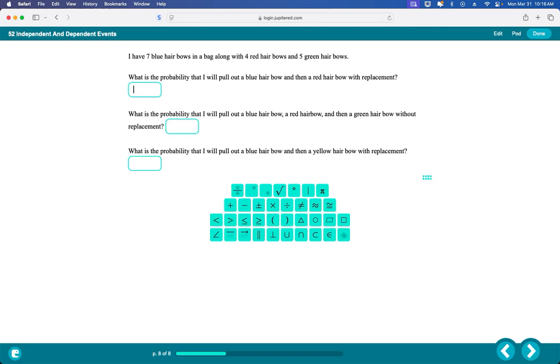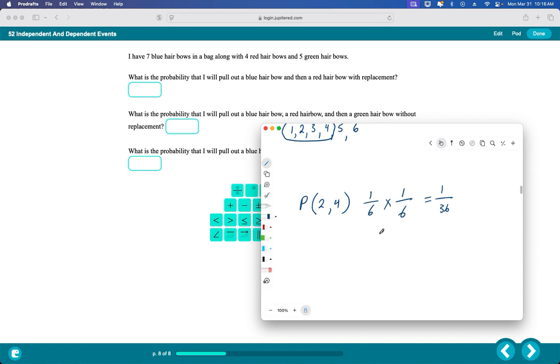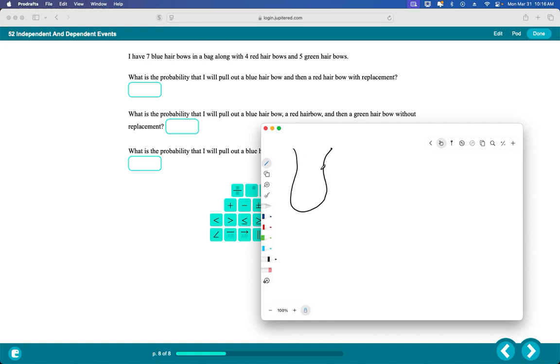So let's look at this one. All right, here's the hair bow one. I have 7 blue hair bows in a bag. So let me draw a bag. Here's a cute little bag. Well, maybe not cute. I have 7 blue hair bows, 7 of these.